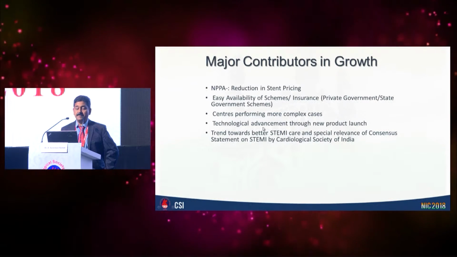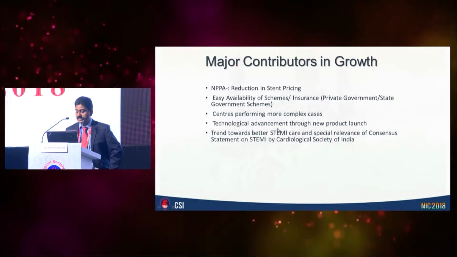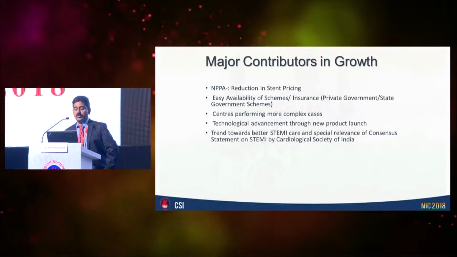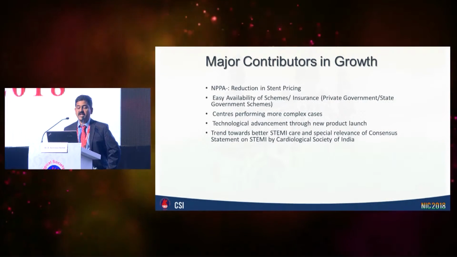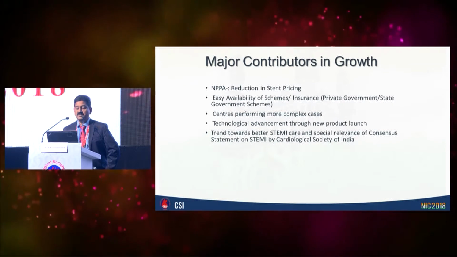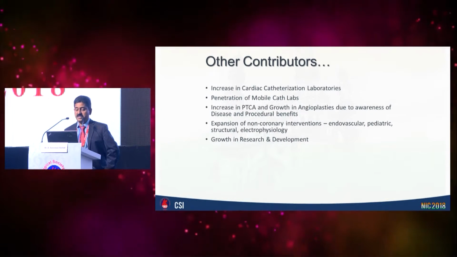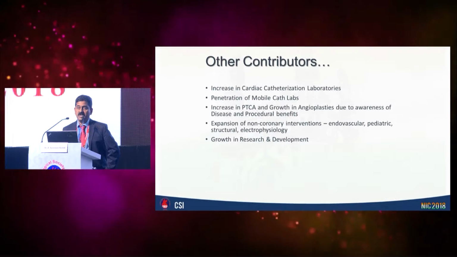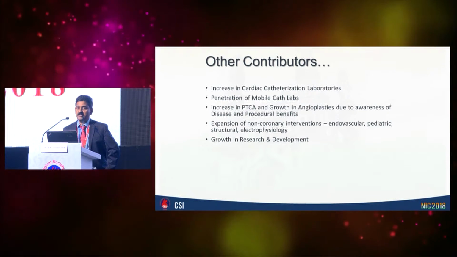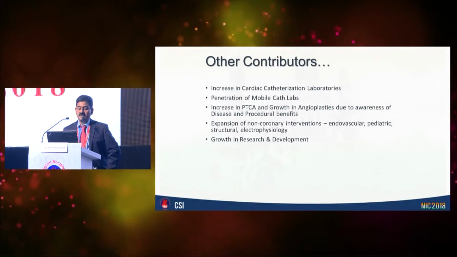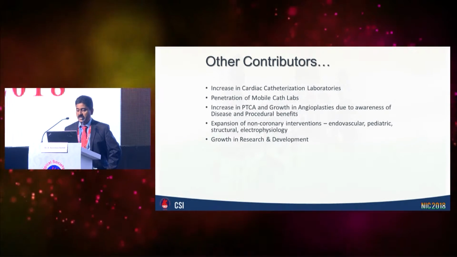Technical advancements are happening through better quality of stents and products, and STEMI protocols are evolving. So India is on the rise, and patients are getting better treatment, and a reduction in stent price could also help patients indirectly, though there are challenges to hospitals and companies. More and more smaller cath labs are being designed by companies for Tier 2 cities, and the maximum development and expansion is happening in this field.